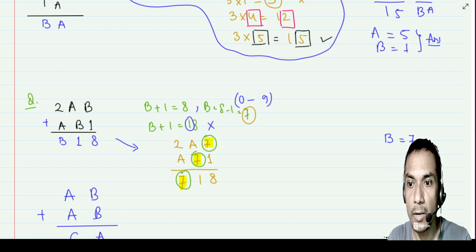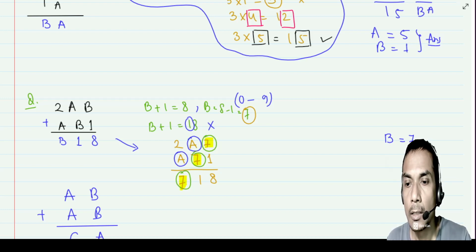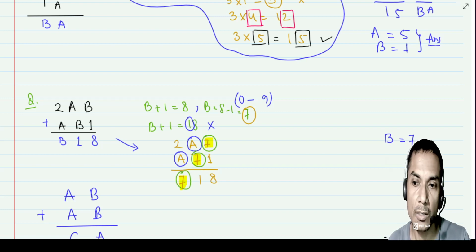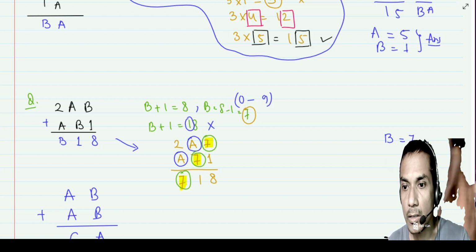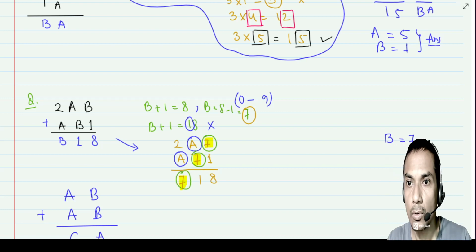So we have to find out the value of A, where it is here. Now look here, so 7 plus A is equal to 1. Is it possible? If I put 0 for A, then also not possible, 7 plus 0 is also 7. So there must be a carry forward. So you know that the carry forward is actually what? A plus 7 is equal to 11. Why?